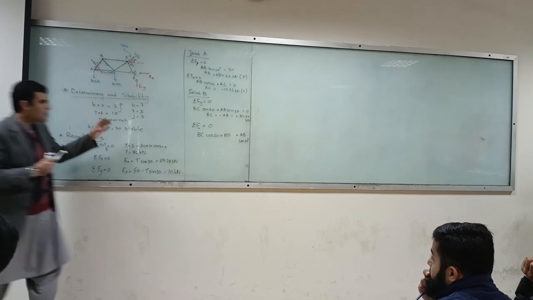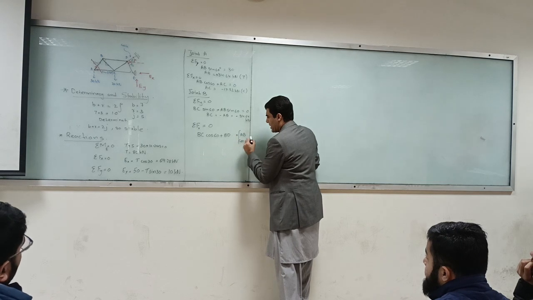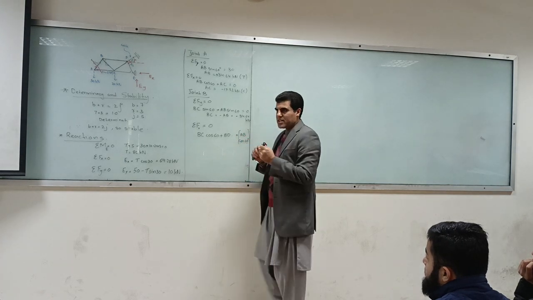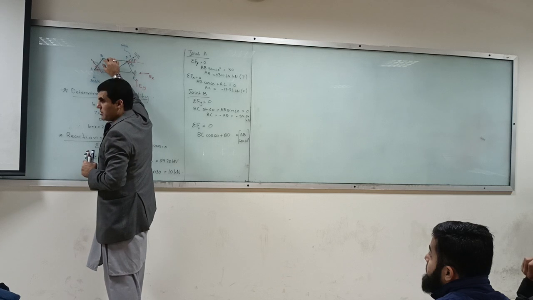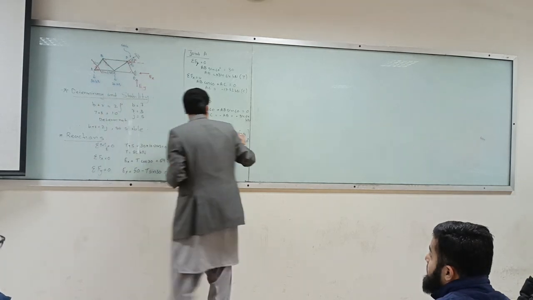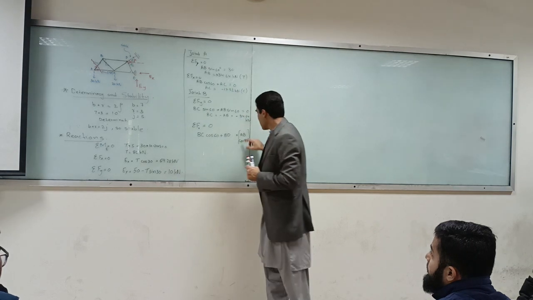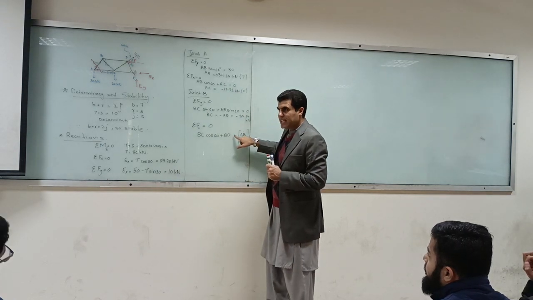No, we are not doing compression. I am saying we are not doing compression over here. This is actually all the force which is in this direction. Or you can take it as AB in this direction also, take it as tension.